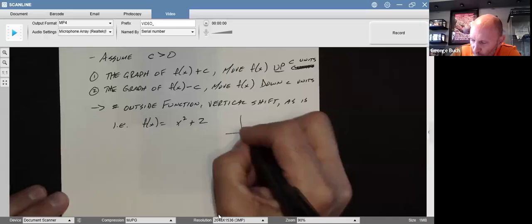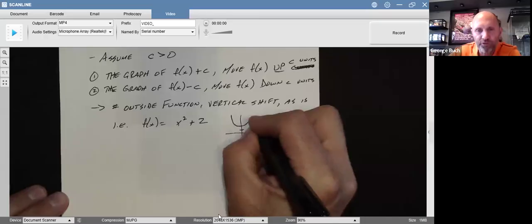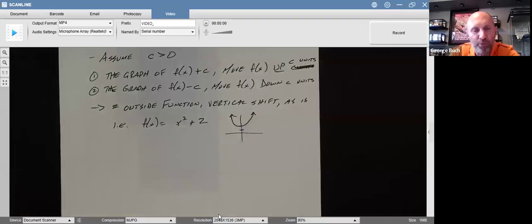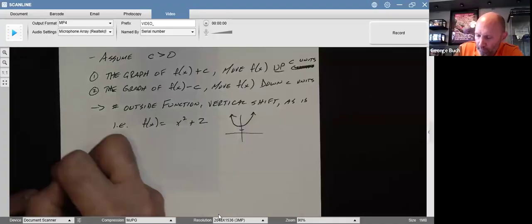So it takes my normal parabola and just slides it up the graph 2 units. So rather than having to plot points and then draw it, we just know that, oh, x squared, that's a parabola. Plus 2, it's on the outside, vertical shift. So I have to go up 2 units.